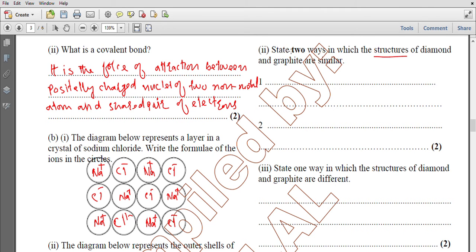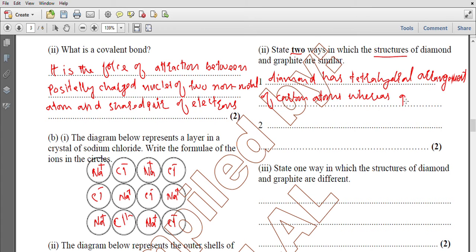Diamond has a tetrahedral arrangement of carbon atoms, whereas graphite has a hexagonal arrangement of carbon atoms.